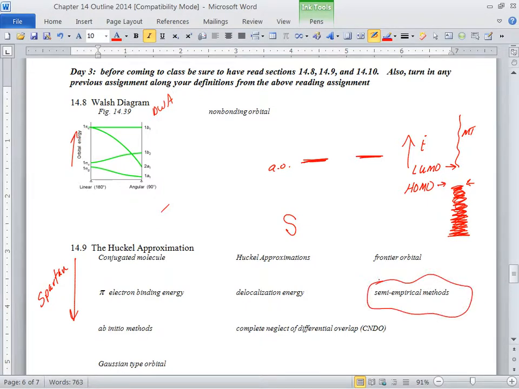Okay. So there are some of those funky names in Spartan where you could have the calculations done this way, and they're called semi-empirical. And this will be a lot faster than if you click the button that's ab initio, because semi-empirical cheats. It knows that you're trying to do something with the benzene molecule. And first it has to know that it's benzene. And then it uses some empirical data, like experimental data.